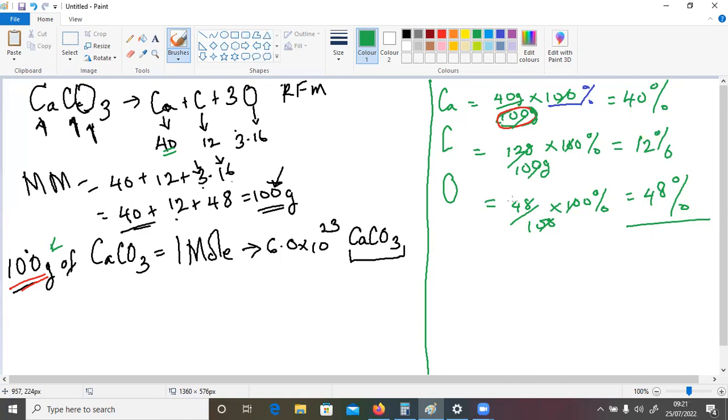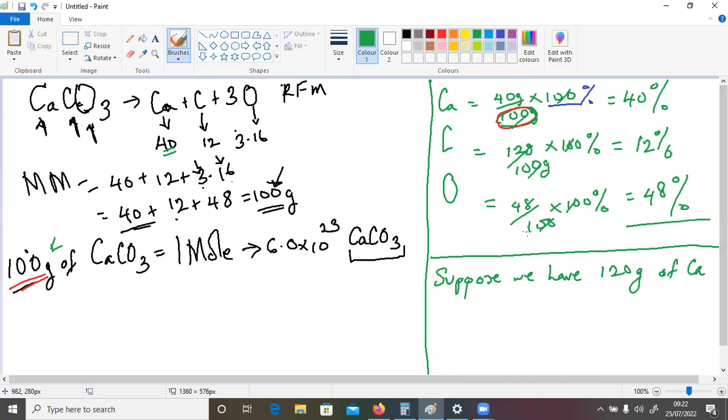Why is this important? Because the question could be this: suppose we have 120 grams of calcium.